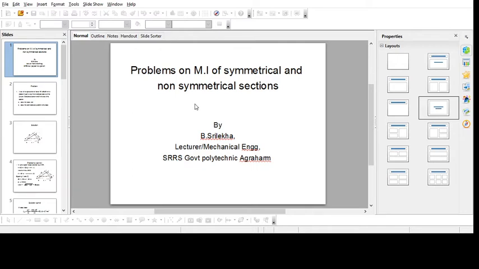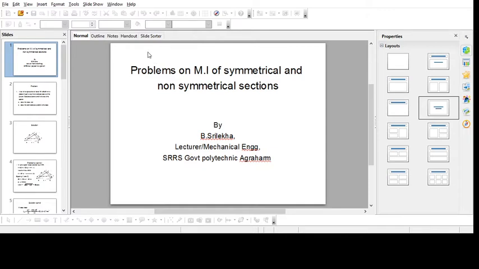This is your y2 and this is your y bar, so this particular distance is h2. Next, h3 is again y bar minus y3 or y3 minus y bar, the distance between the centroidal axis of the third section and the centroid of the entire figure. Likewise you can calculate.